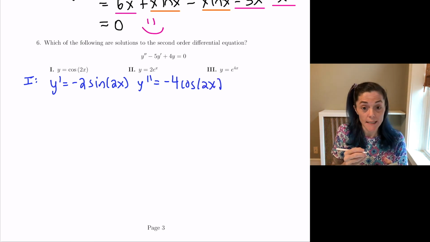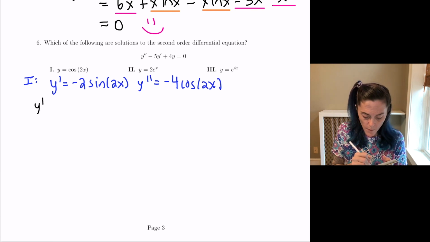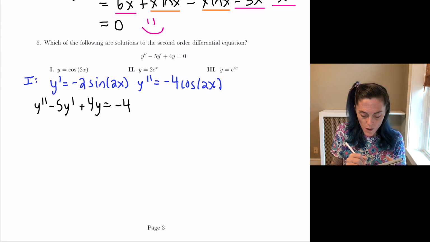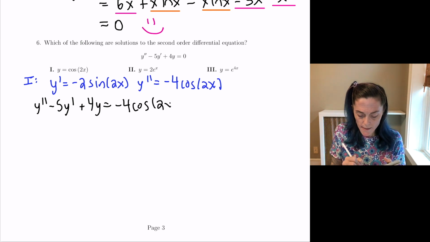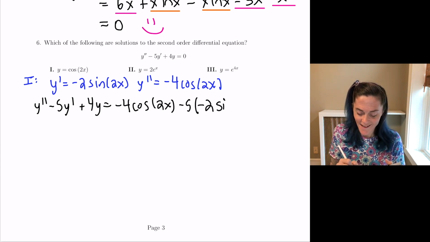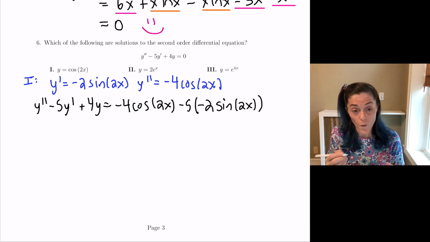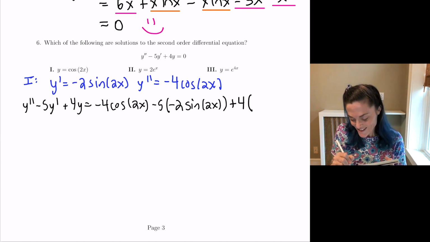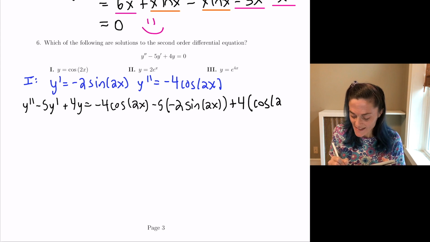Now let's jump into the differential equation. Y double prime minus 5y prime plus 4y equals, well, we have -4 cosine 2x. We have -5 times -2 sine 2x, and then plus 4y, which is plus 4 cosine 2x.